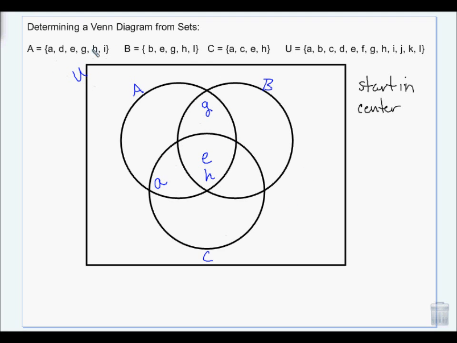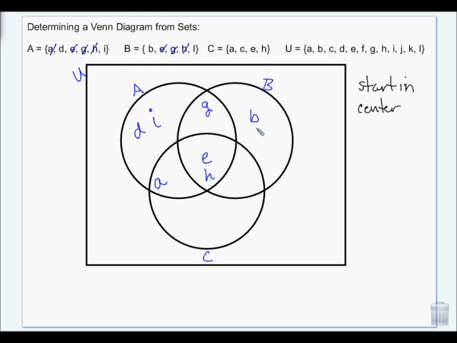So we look at A, and I'm going to cross out the letters I've already taken care of. So I have A, G, E, and H. That leaves me with D and I. I'll come to B and cross out the letters I've already dealt with.